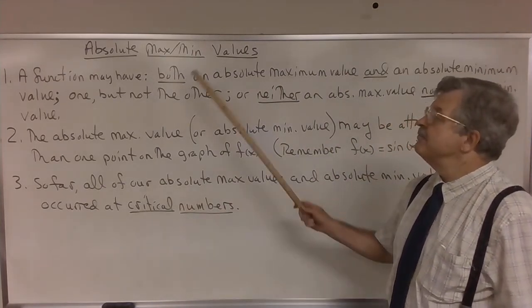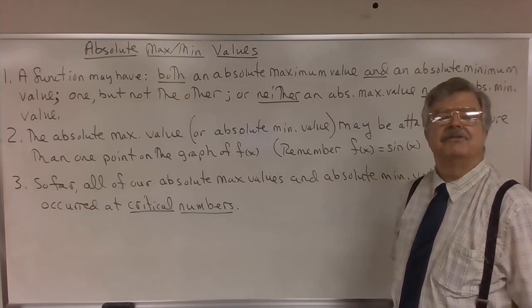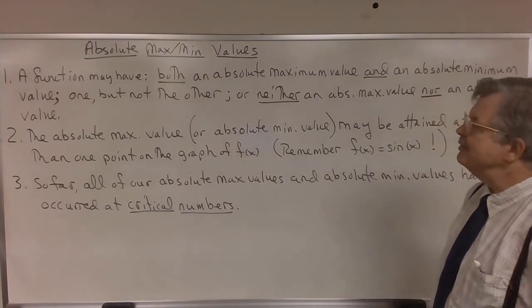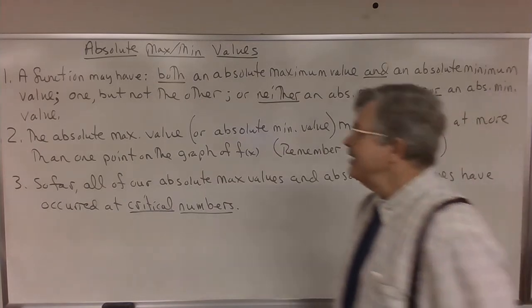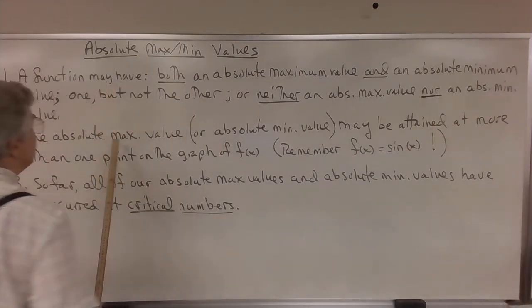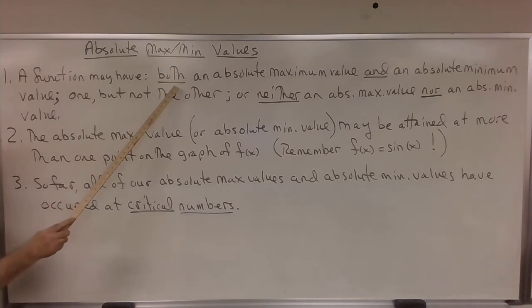Here are some important things to observe about absolute maximum values and absolute minimum values. The first thing, a function may have both an absolute maximum value and an absolute minimum value. Or a function may have one but not the other. It may have an absolute maximum value but no absolute minimum value.